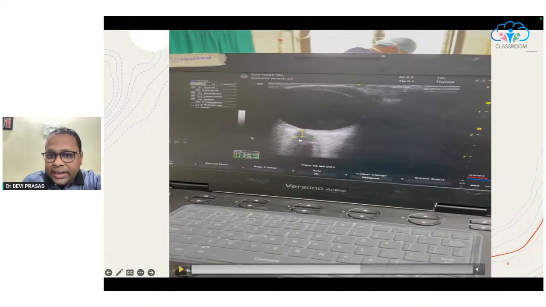The point we have to be very careful about is that we have to measure the sheath and not the total hypoechoic structure. I'll tell you in subsequent slides what that means. So this is the nerve sheath, and here the diameter comes as 0.46, which is fairly normal.